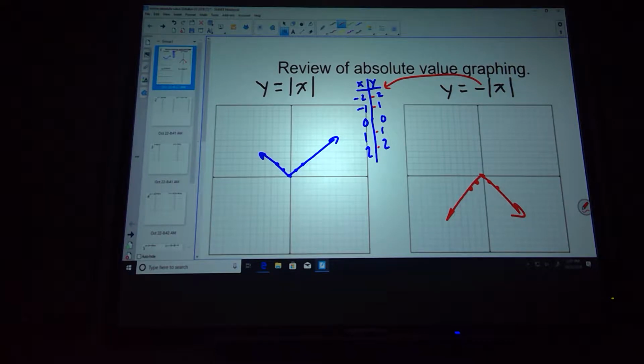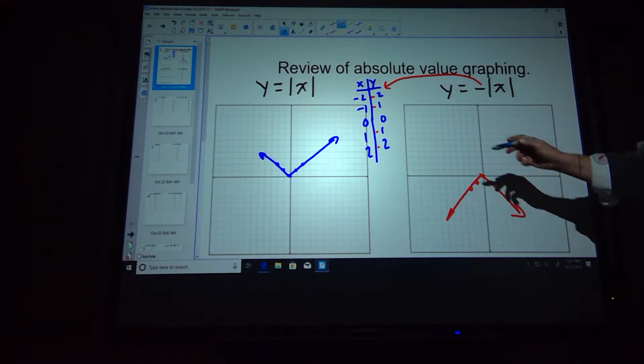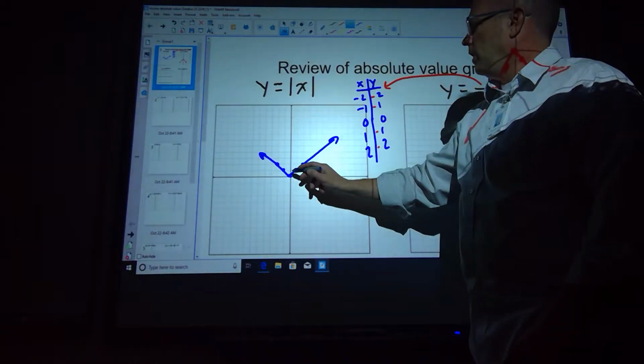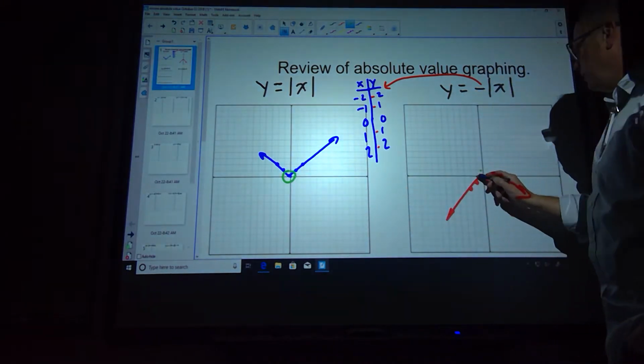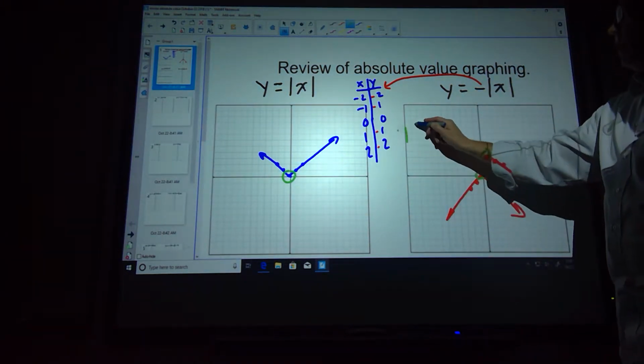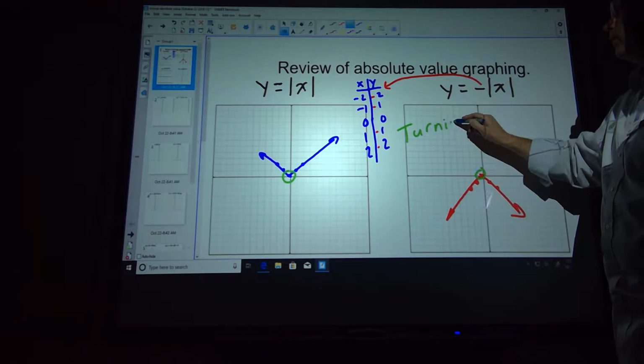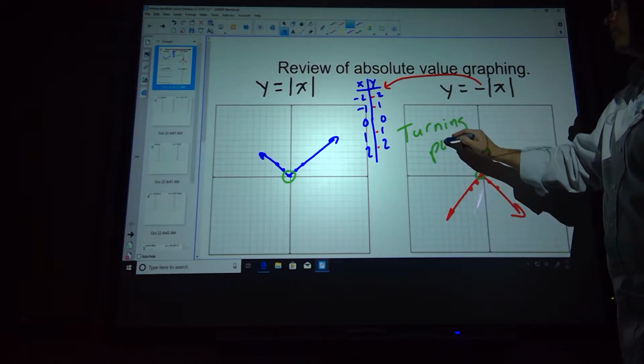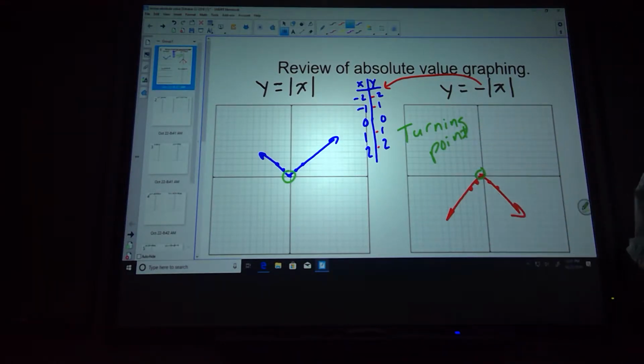There's one thing I want to talk about on these, and it's this point here and this point here. We're going to call that the turning point. The turning point is where it goes from going up to going down, or where it goes from going down to going up. That verbiage okay?